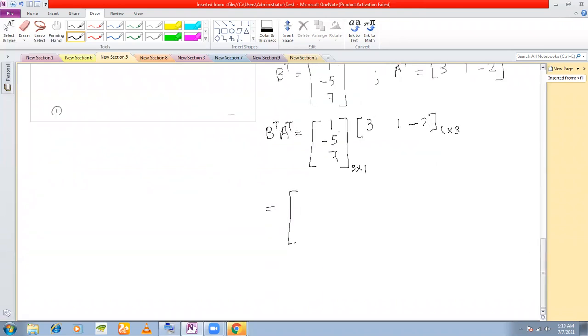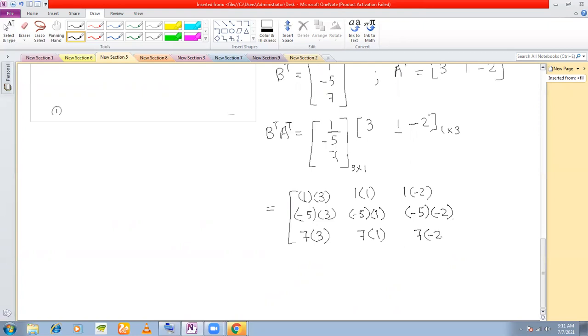So let's see how we multiply. First row, first column, so 1 into 3. First row, second column, so 1 into 1. First row, third column. Second row, first column. Next, second row, second column, second row, third column, third row, first column, third row, second column, third row, third column.